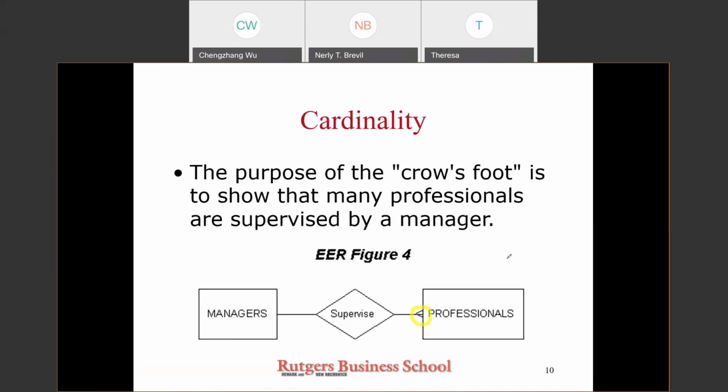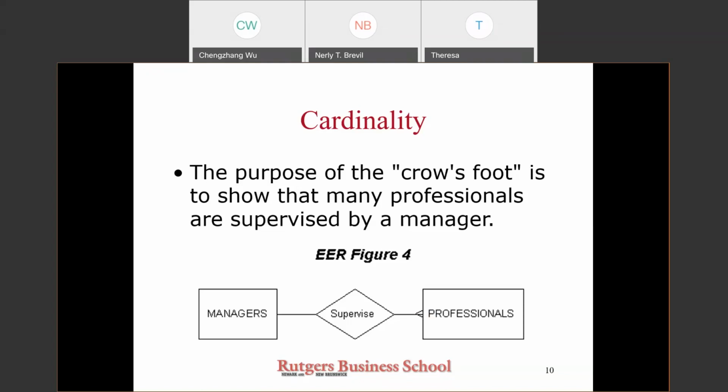The purpose of this crow's foot is to show that many professionals are supervised by a manager. The relationship between managers and professionals can be read both ways. You can read it as one manager supervises many professionals, or many professionals are supervised by one manager.